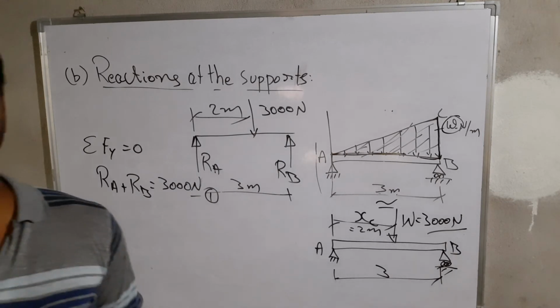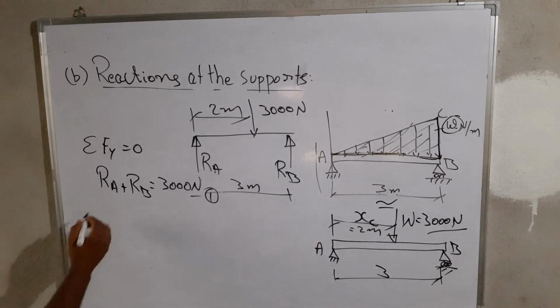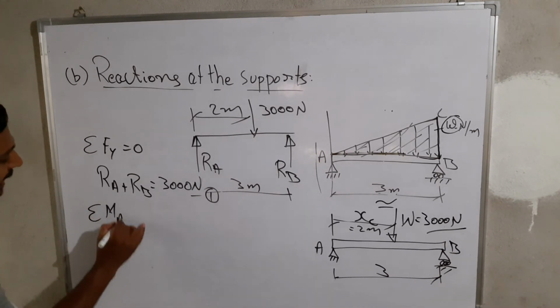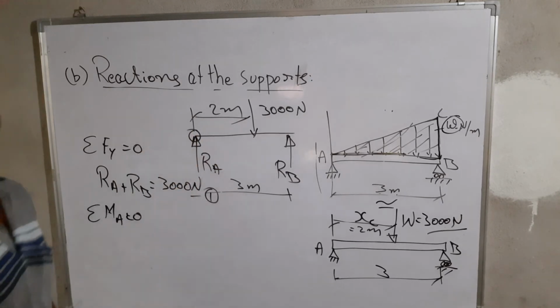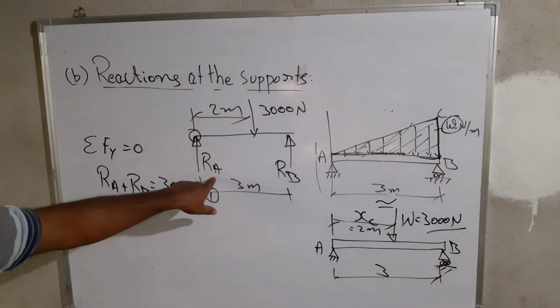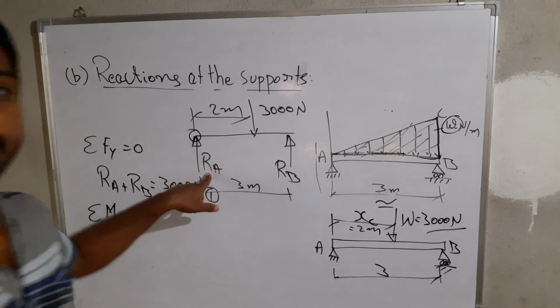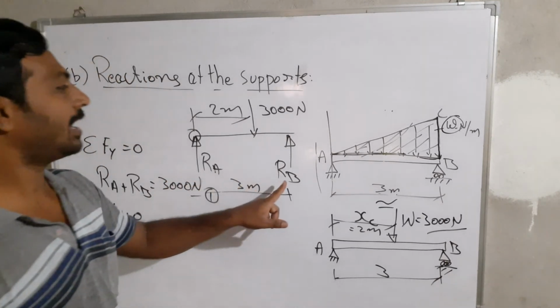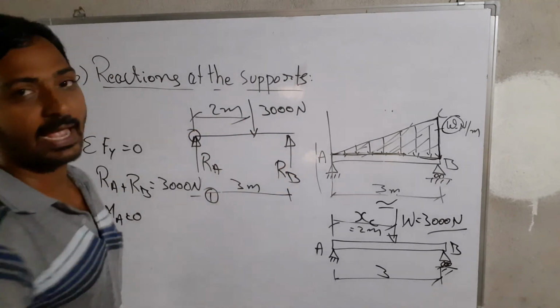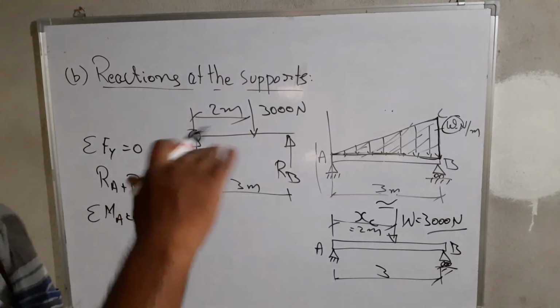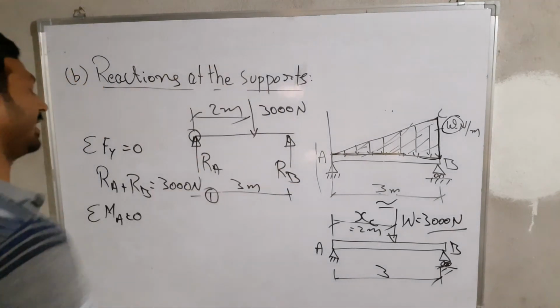In a single equation, 2 unknowns is difficult, so I am going to take the moments at A equal to 0. When I take the moments at A equal to 0, the moment with respect to RA will be 0. But RB is at a distance of 3 meters. One is acting in the clockwise direction, one in the anti-clockwise direction.